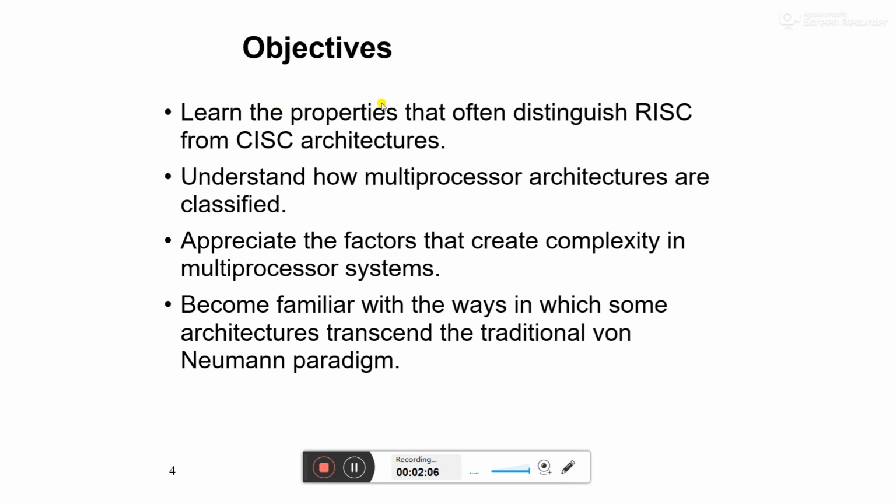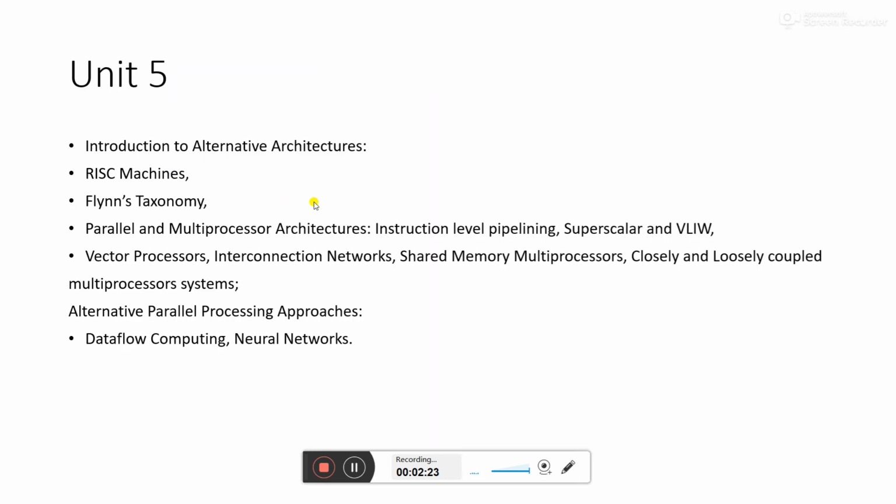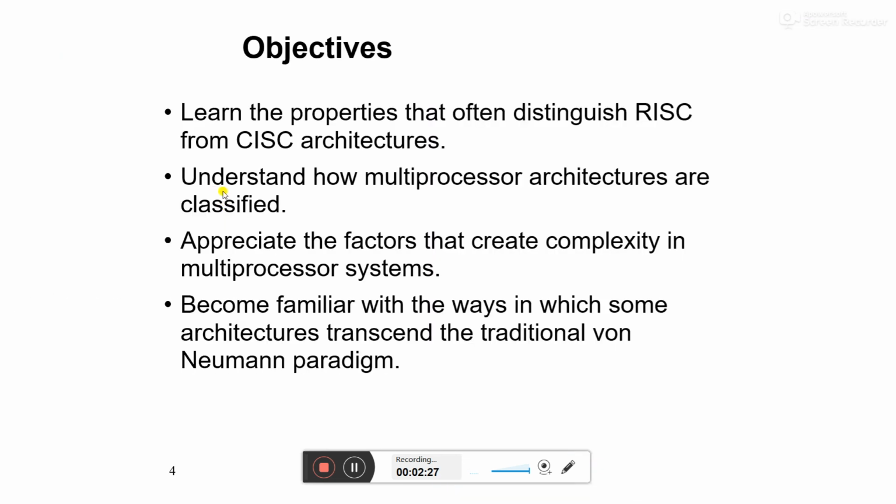The objectives of this unit are to learn the properties that often distinguish RISC and CISC architectures, and to understand how multiprocessor architectures are classified, that is Flynn's taxonomy, the classification of computing systems.